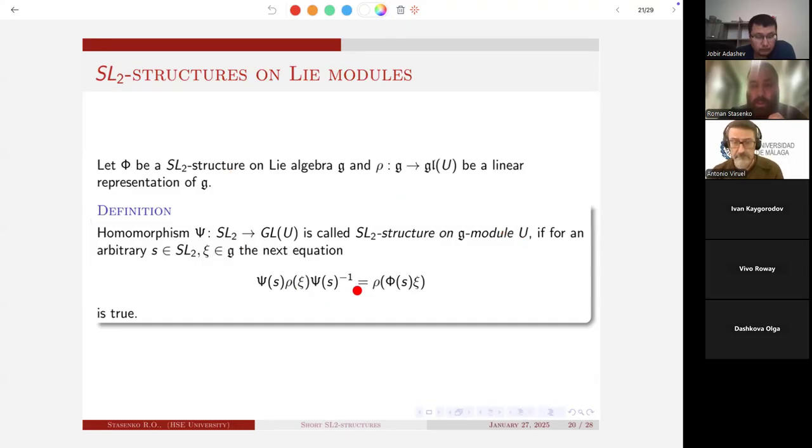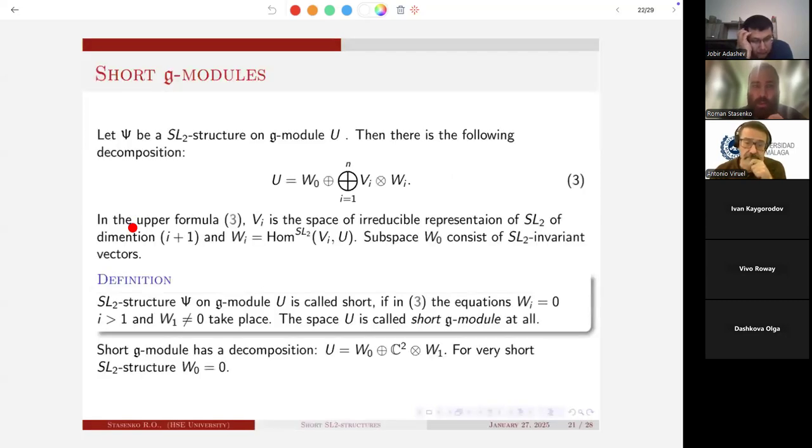It gives us the connection between them. We need to prove theorems and investigate them. So this definition is the key to the last part of our talk, and all the short SL2 structures on Lie modules. As in the case of Lie algebras, here we can see the following decomposition.